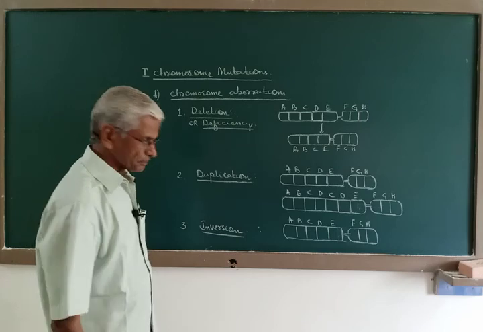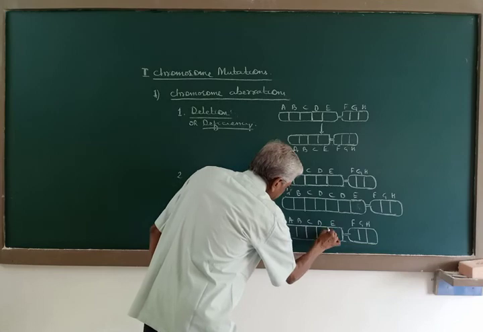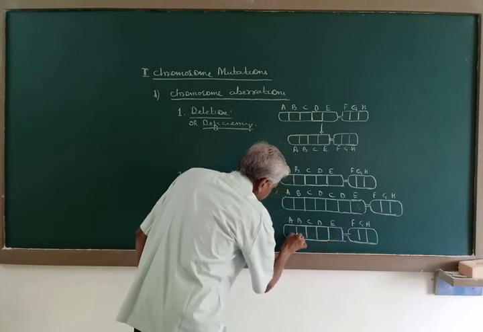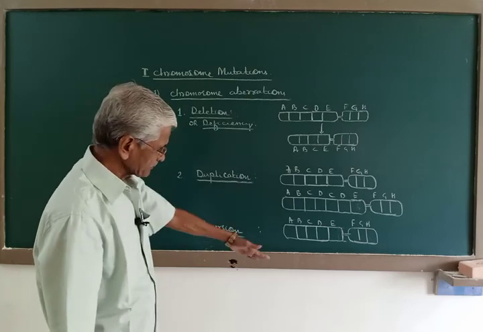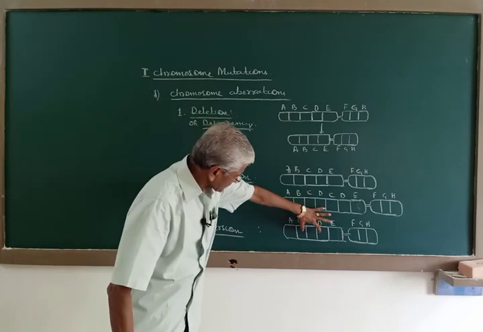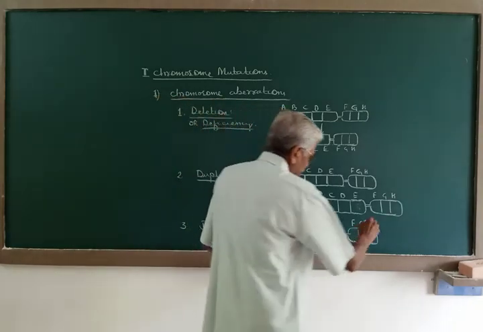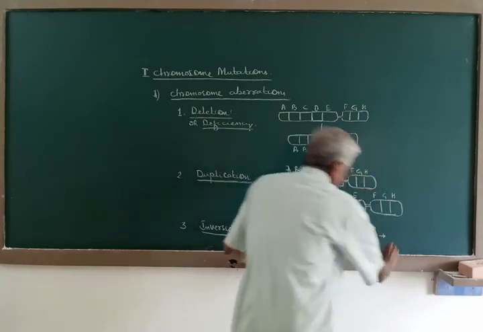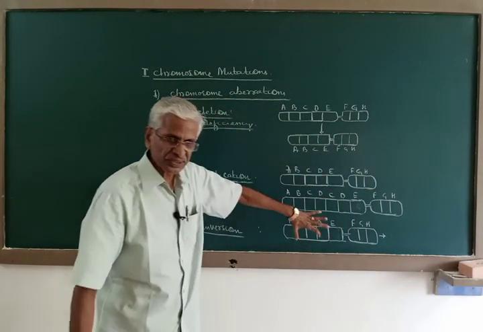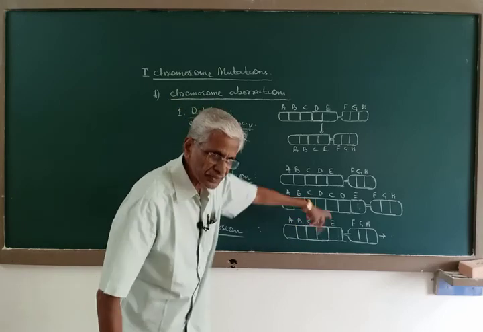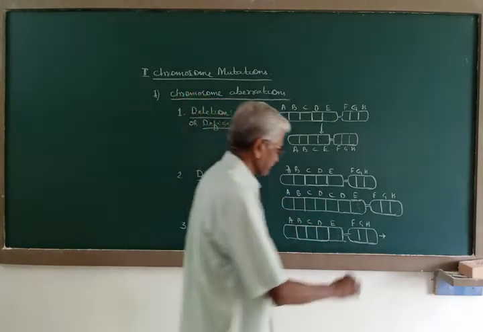Now in this chromosome, say this part, B, C and D, this gets separated and this will rotate and again rejoins. So as a result here, this segment first separates, rotates, becomes reversed and again rejoins.